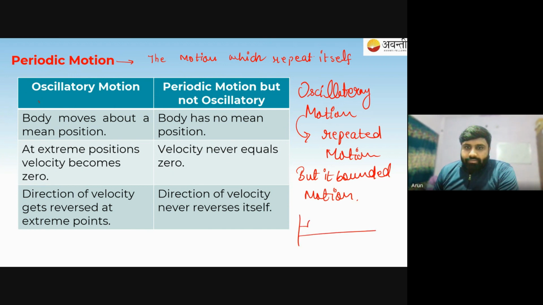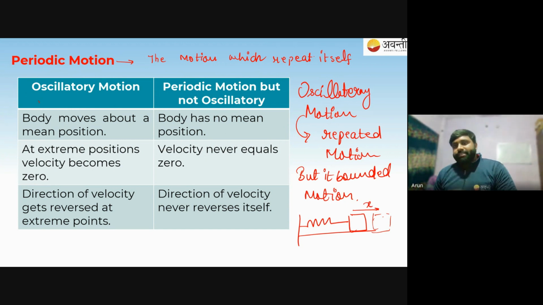if you consider a spring block system here, and we release or compress this block by some distance, let's say x, then what will happen?